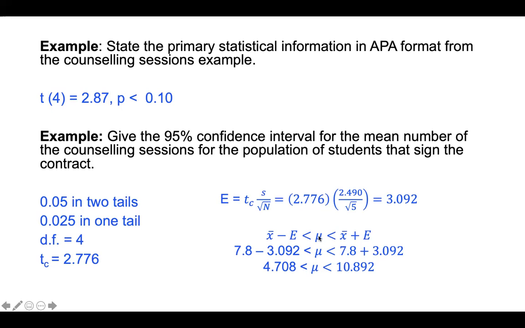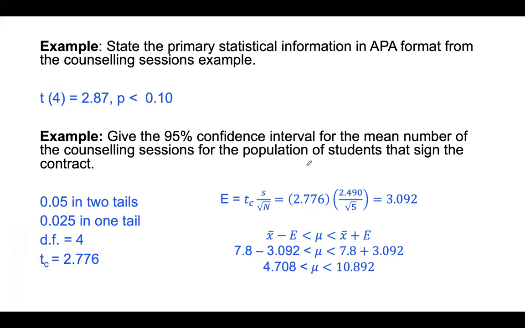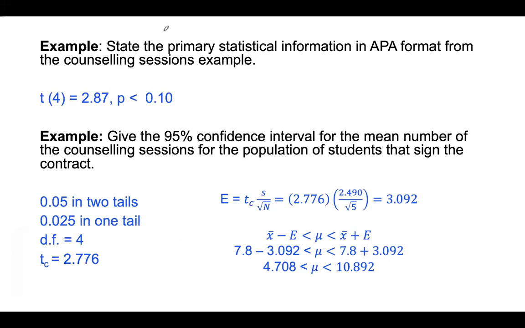Great. So what does this tell us? Let's go back to the question. So while we created this confidence interval, our parameter 4.6, well, is it in the confidence interval? Because it goes from 4.7 less than mu less than 10.9.